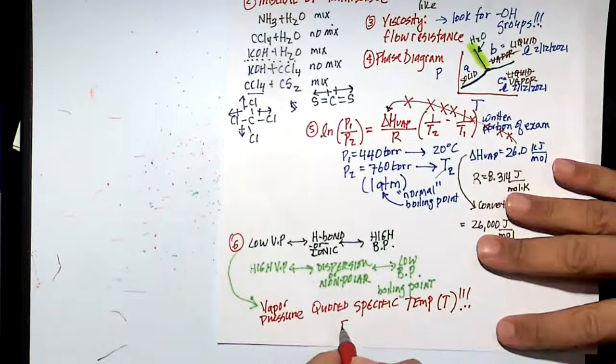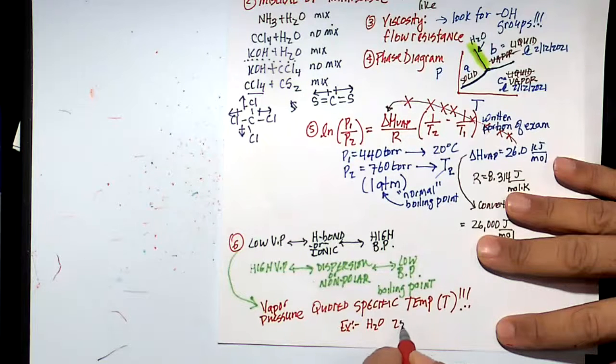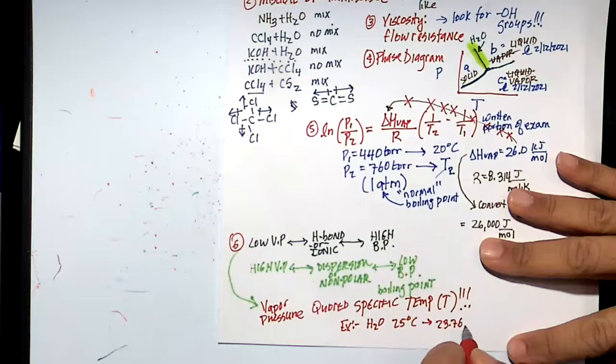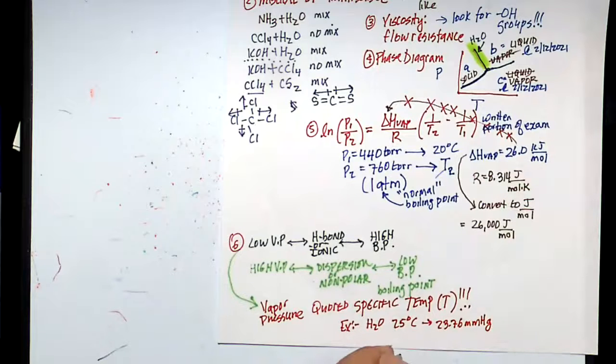As an example, we usually look these up in a book. So H2O at 25 degrees C has a vapor pressure of, again, I looked this up, 27.6 millimeters of mercury. If you raise the temperature, you'll have a different vapor pressure.